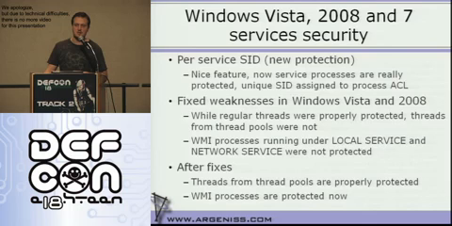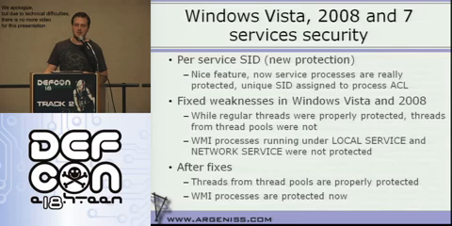Another issue, I think I already said that, was that the Windows Management Instrumentation processes that run on the network service, local service, and system accounts were not protected by a proper ACL. And these processes impersonate the system account.